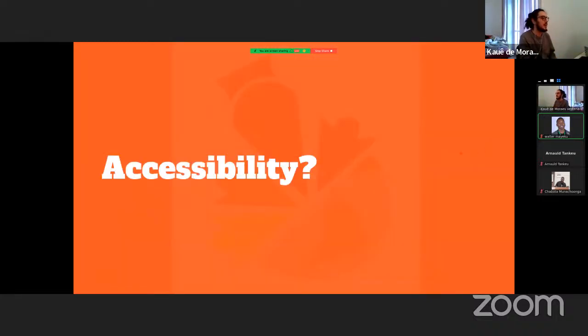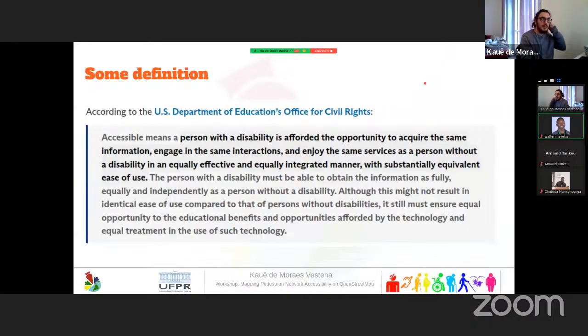What exactly is accessibility? Let's go with a definition from the U.S. Department of Education Office for Civil Rights. For something to be accessible means that a person with a disability is afforded the opportunity to acquire the same information, engage in the same interactions, and enjoy the same services as a person without disability in an equally effective and equally integrated manner, with substantially equivalent ease of use.